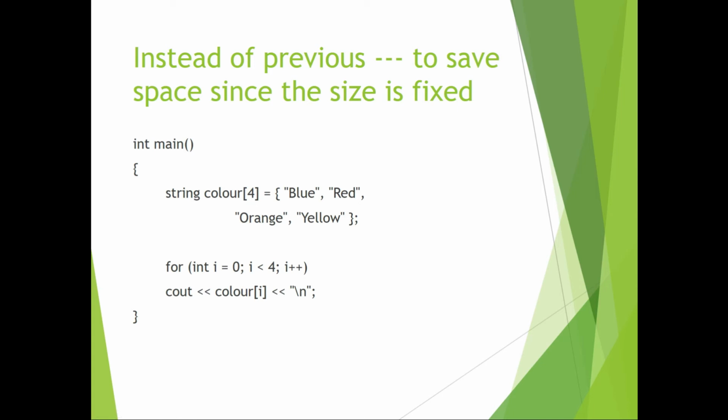It requires only 1 dimension, so only the row is enough: the 0th row, first row, second row and the third row. So always, to save space, we can go for string objects.